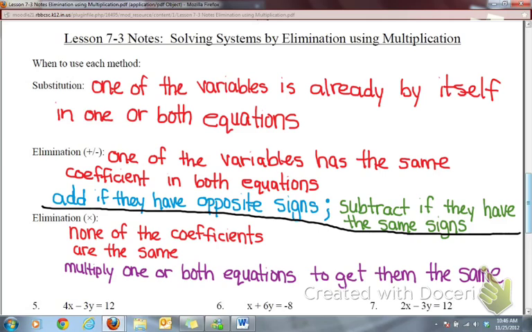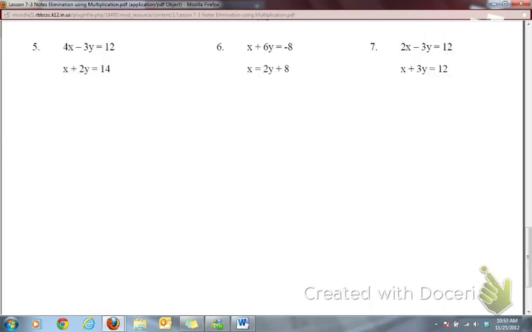So now we're just going to do one example really of each type of method. You need to be able to look at a system of equations and to tell me which method you are going to use to solve that system. Alright, so with problem number 5 here, would substitution work?